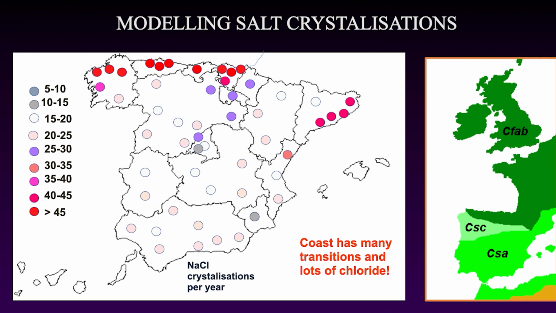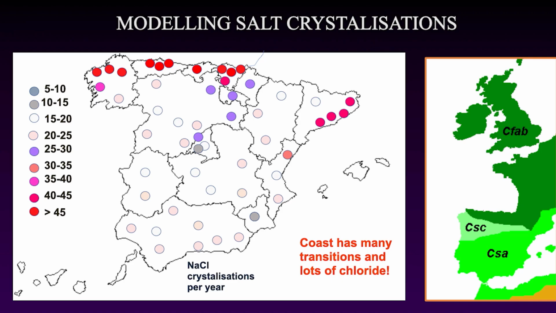And that particular northern part of Spain has a very unique climate. What we can see is it's a Cfa or a Cfb climate. It's a more moist, humid, variable climate. And the rest of Spain is, by contrast, comparatively dry, so we see very few salt crystallizations each year.